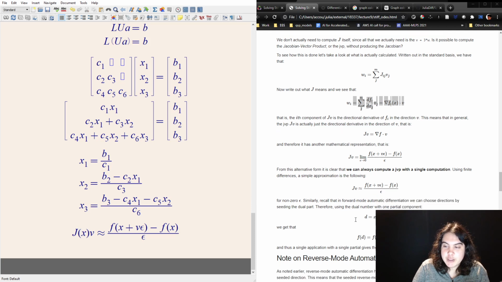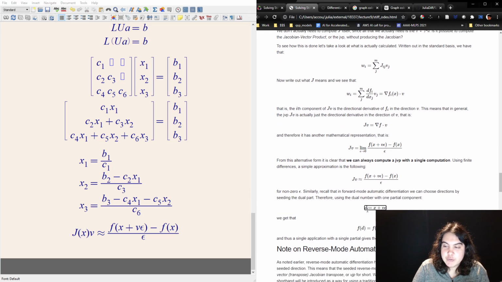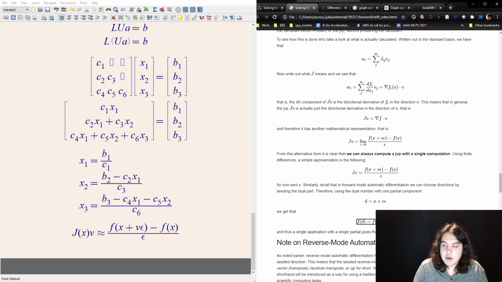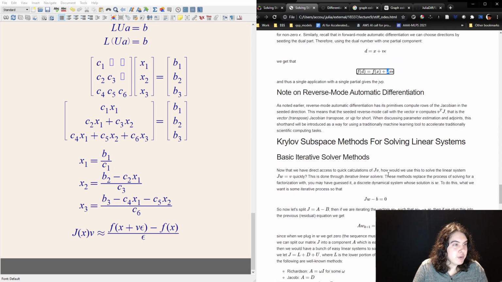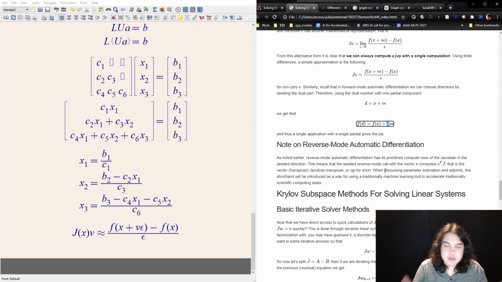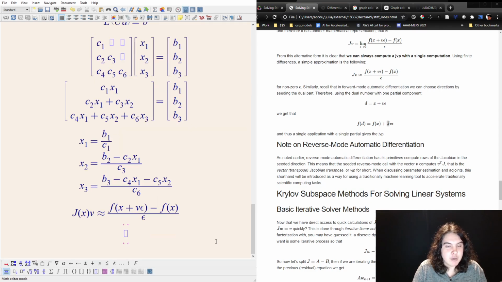Remember, with forward mode AD, you just define a dual number which has one partial vector, and that partial is just the direction v, and that is the same thing as calculating the Jacobian times the vector v. So calculating Jacobian vector products with forward mode AD is very simple. We're going to get to reverse mode AD in this next lecture. Let me just make a comment here that reverse mode AD is very similar, but what it naturally calculates is the vector transpose times the Jacobian, right?